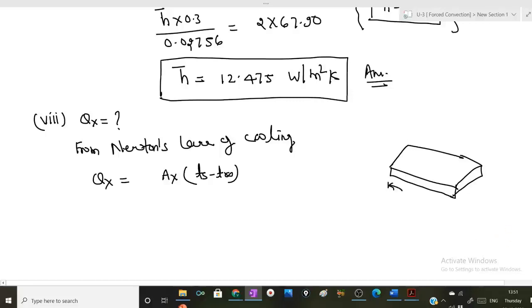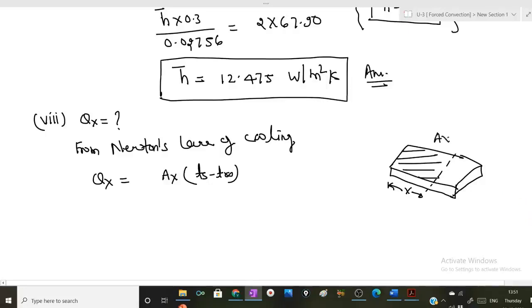This is a GATE question for 1 mark. In Newton's law of cooling, is the value of h considered as h bar x or hx, that is local or average? So this area we are supposed to consider.